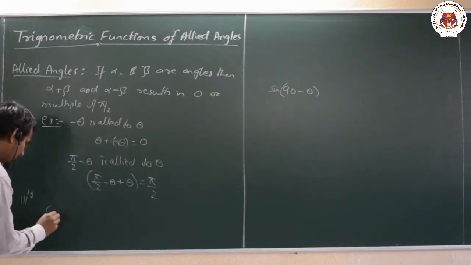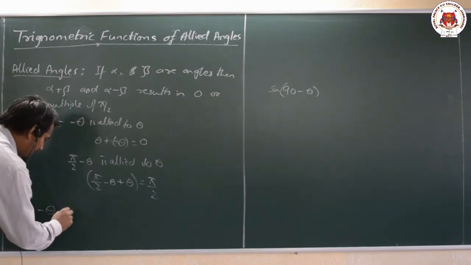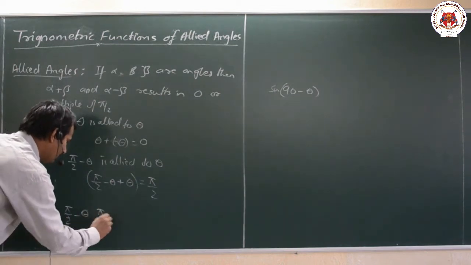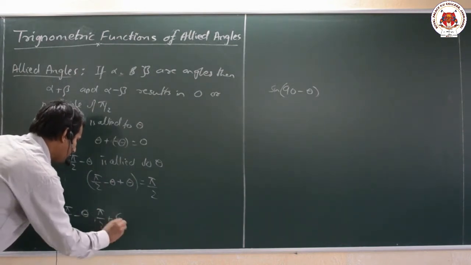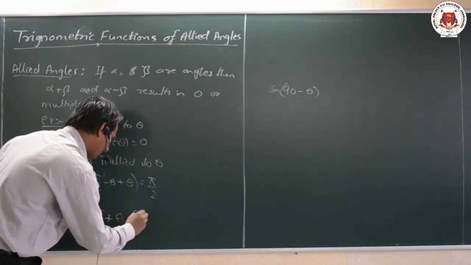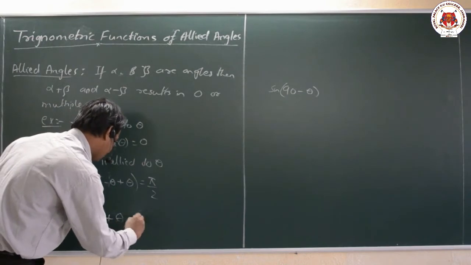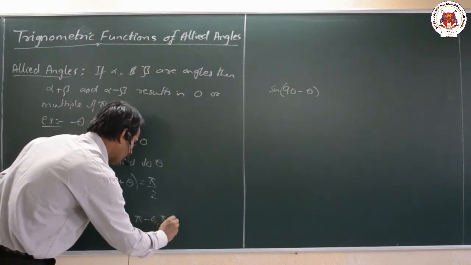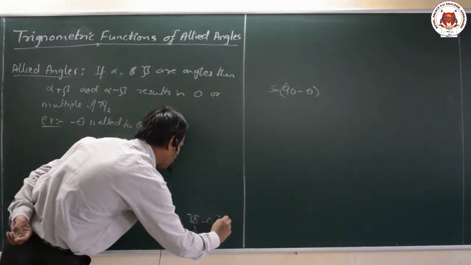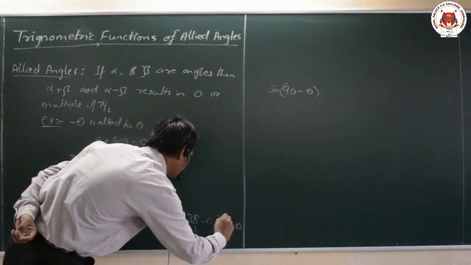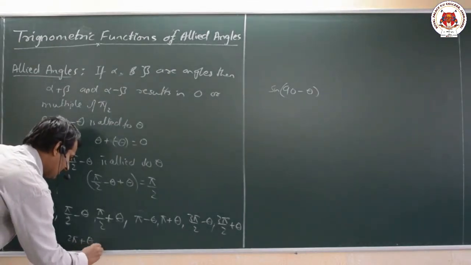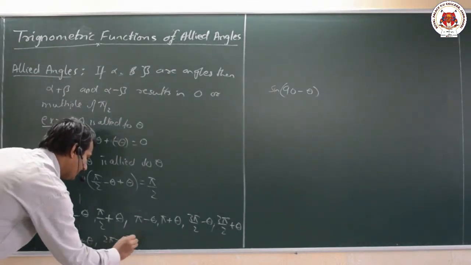Similarly, we can write pi by 2 minus theta, pi by 2 plus theta, pi minus theta, pi plus theta, 3 pi by 2 minus theta, 3 pi by 2 plus theta, then 2 pi plus theta and 2 pi minus theta.